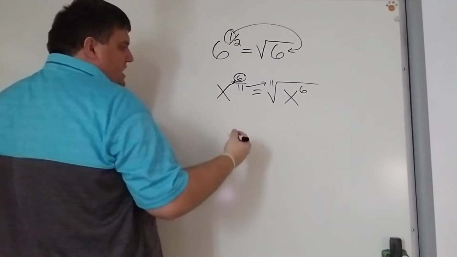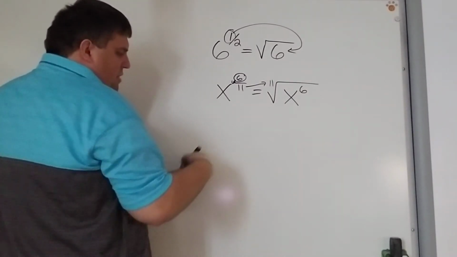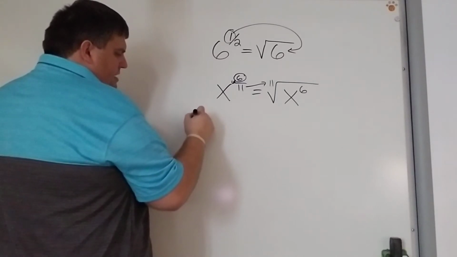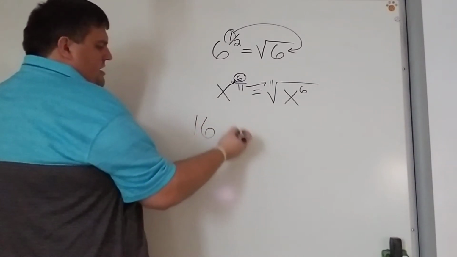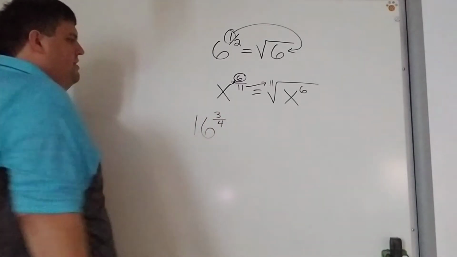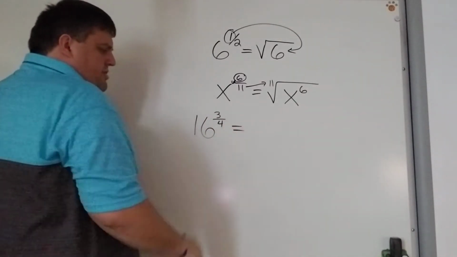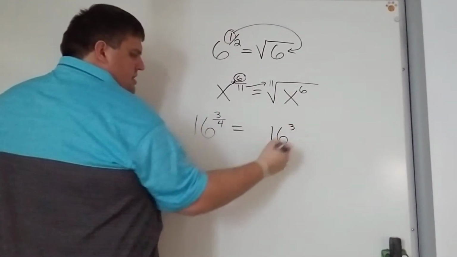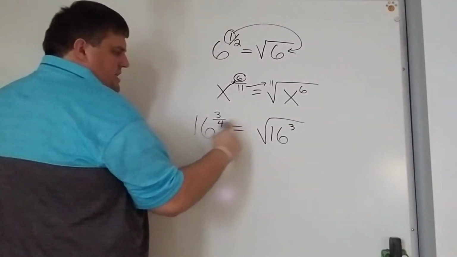So I can put things in roots or out of roots however I want. Let's say you had something like 16 to the 3/4 power, right? And you want to write that as a root. You keep the numerator on it. You make your root. You take the denominator.